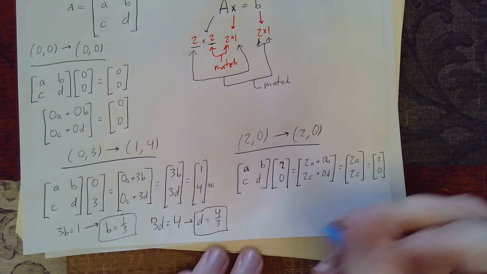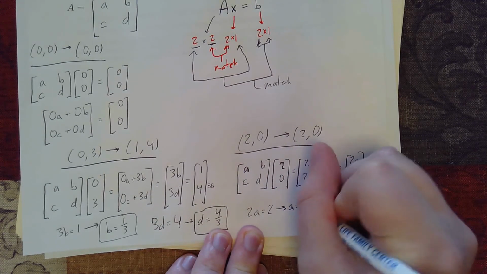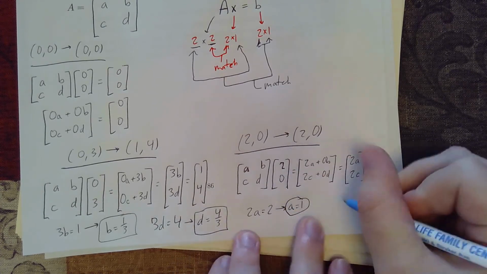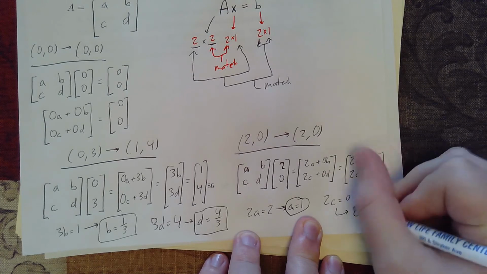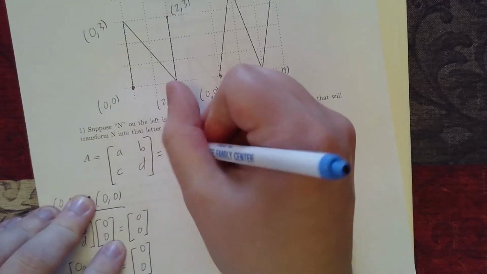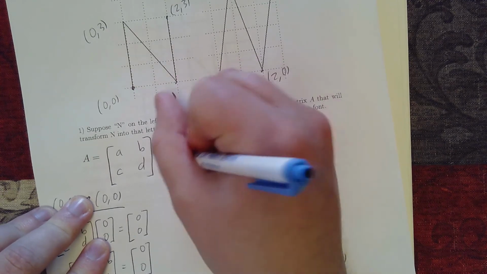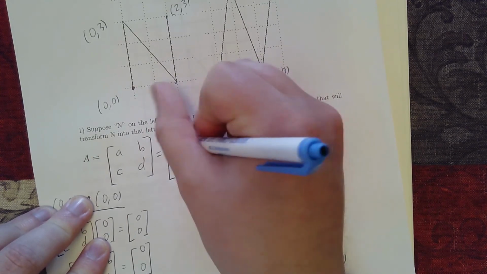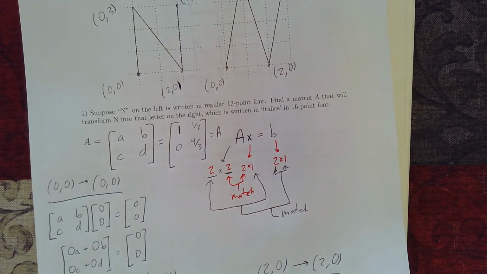If 2a has to equal 2, then a equals 1. And if 2c equals 0, that tells us that c equals 0. So now we know the individual components of our matrix. That tells us that A equals 1, a third, 0, and 4/3. So that helps us figure out what A is as a matrix.